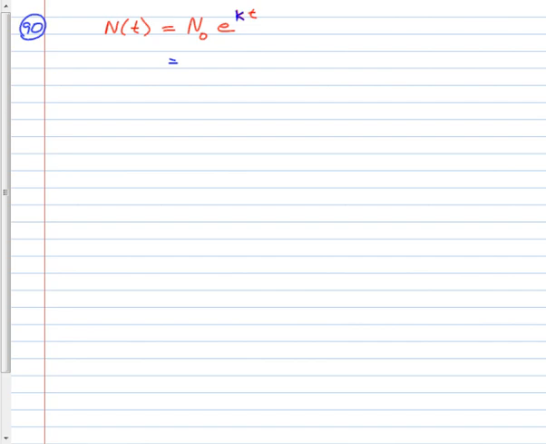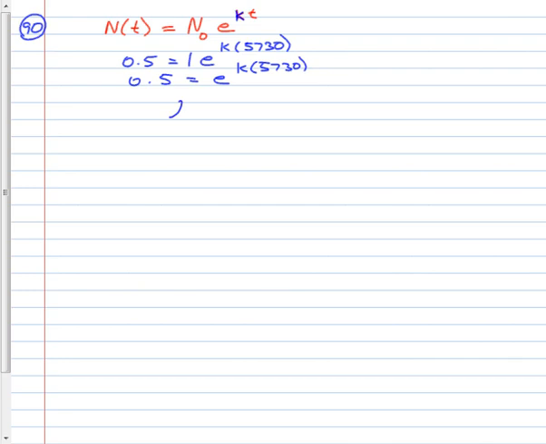So if I have a half-life, I'm starting with 100% and I end up with 50%. e to the k times 5,730, because that's the time it takes for this to happen. We want to solve this for the k. Now dividing by 1, 0.5 equals e to the k times 5,730.